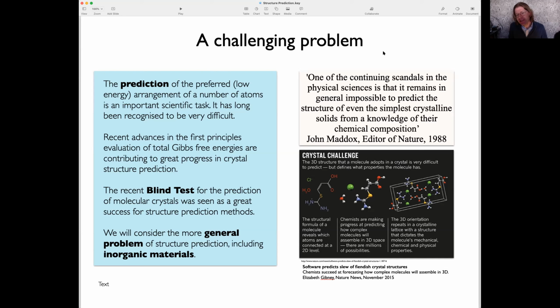Now, there were even people in 1988 who actually said no, we couldn't predict certain crystal structures from their constituents using theoretical methods, but it certainly wasn't widespread or routinely successful.